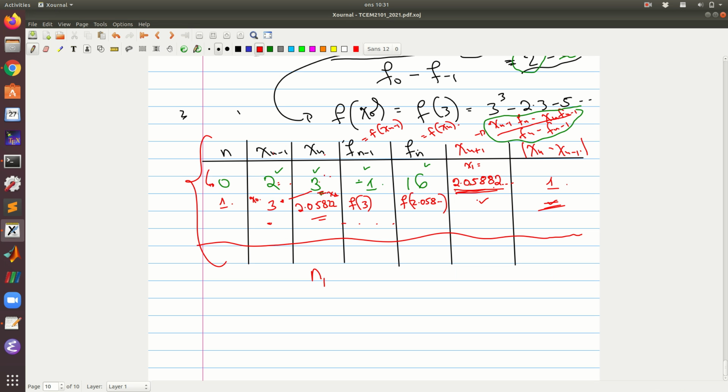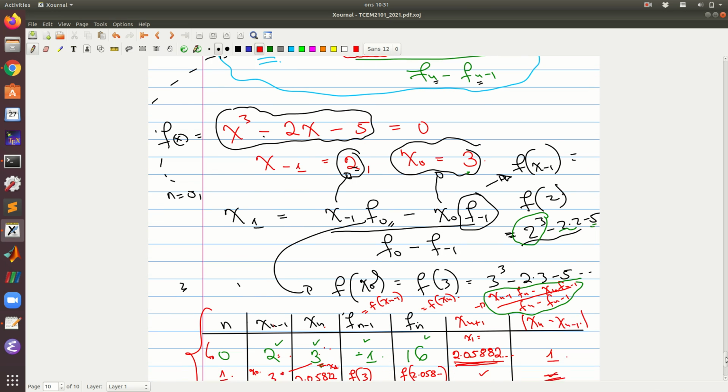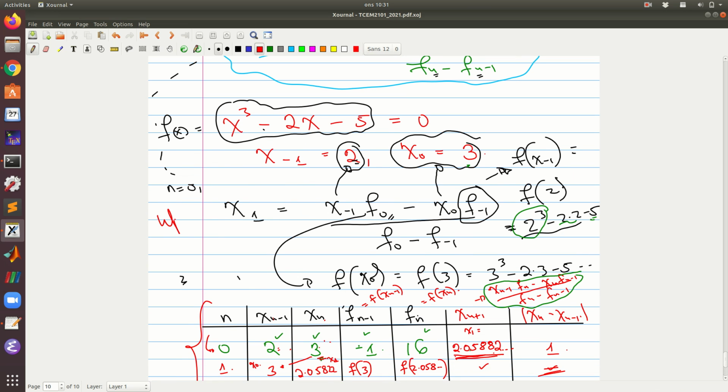So here in the update, after we have computed x2, our x_{n-1} will become x0. You just go one step ahead, and then our x0 now becomes x1, because now to compute x2 you will need x1 and x0.